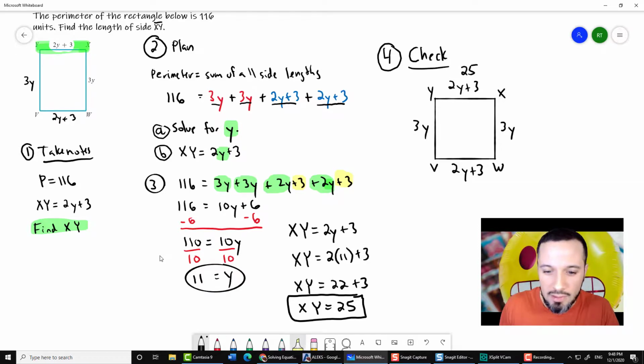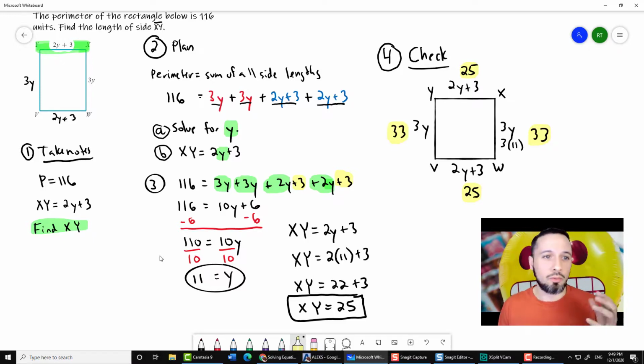I already found that side. And I also know that if that side is 25, then the other one is also going to be 25 because it's identical. It's the same thing. And now I have to replace y in this part here. 3 times 11, which I can see is going to give me 33 for this side. And if this side is 33, I know the other side is also going to be 33.